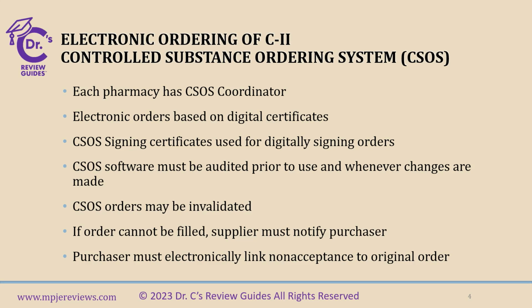Now, in order to do this, your software has got to be approved and audited by a DEA authorized auditing company. And anytime you make a change to your software system, it has to be audited and approved to make sure that there's no chance of somebody getting into the system and diverting controlled substances.